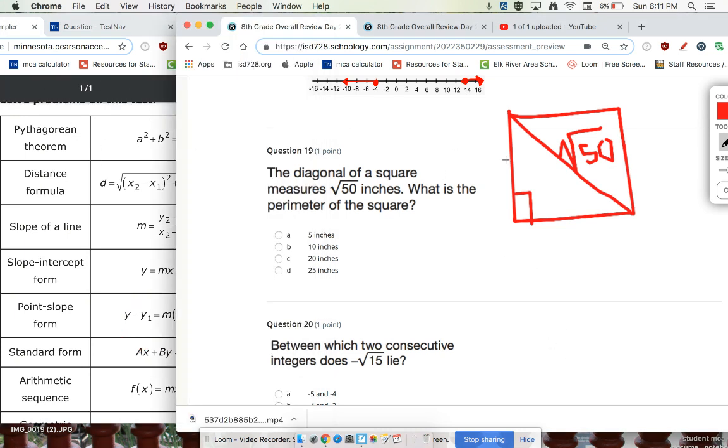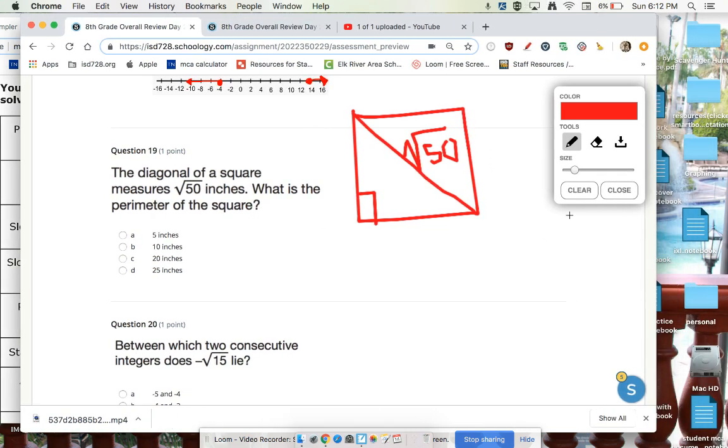So I know that it is whatever the side length is. I can't really guess and check. So I'm just going to say side length s. So s squared, plus, because this is Pythagorean, a squared plus b squared is c squared.